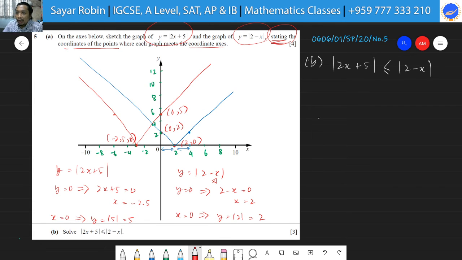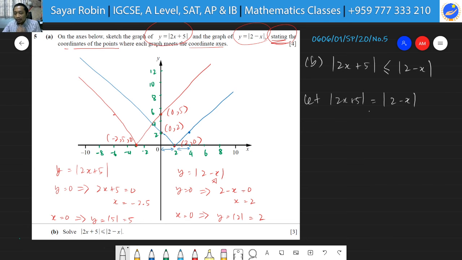If you're going to solve these two absolute value functions, first of all you have to suppose those two are the same. Therefore, let 2x plus 5 equal modulus of 2 minus x.